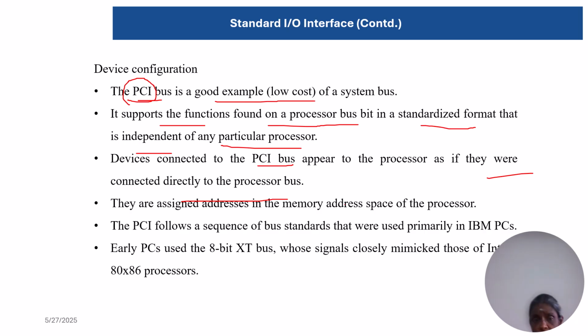PCI follows a sequence of bus standards that were used primarily in IBM PCs. So the PCI bus follows bus standards which are internationally accepted. Primarily they were used in IBM PCs, and early PCs used the 8-bit XT bus, whose signals closely mimicked those of the Intel 8086 processors.